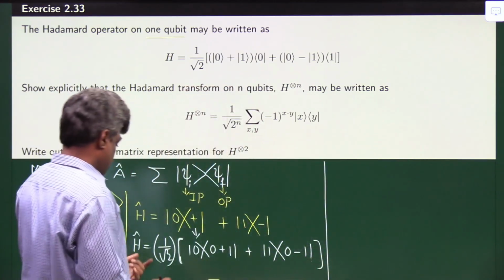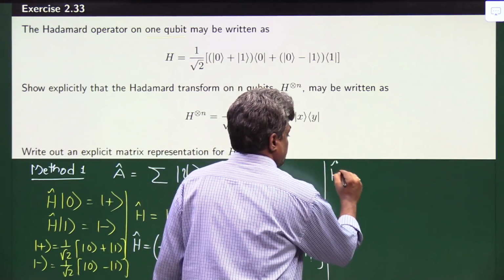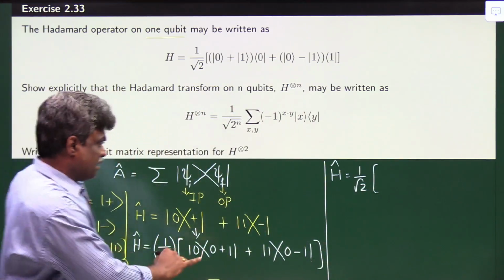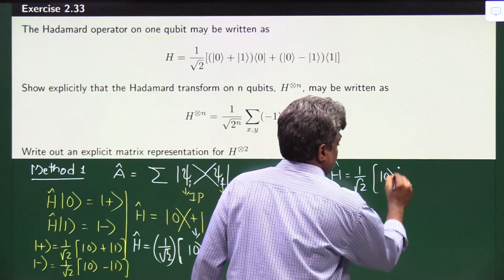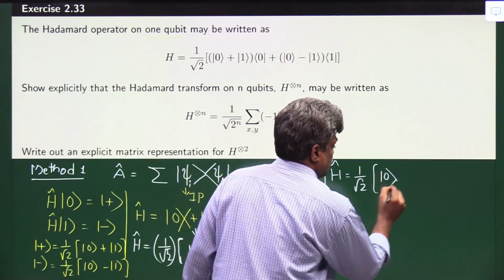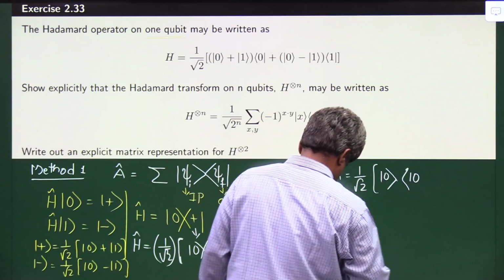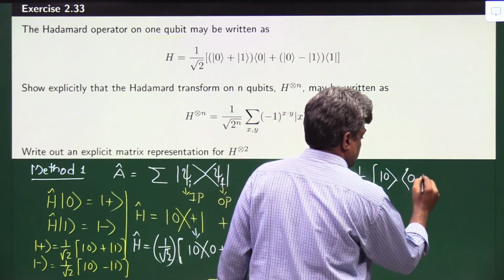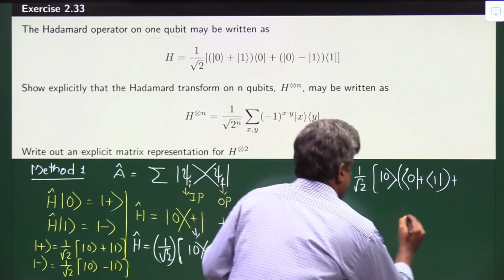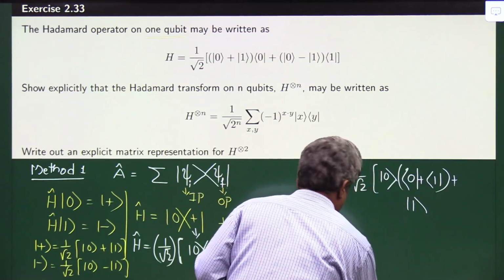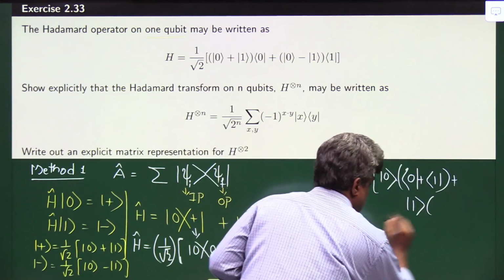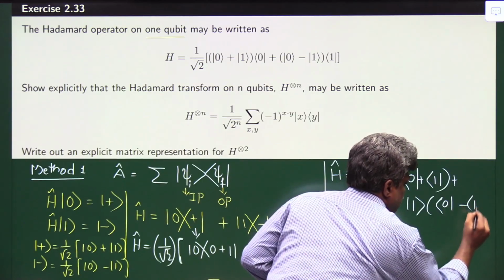After that we got the Hadamard operator H equal to 1 over root 2. I am just splitting this: this is ket 0, and it is multiplied with bra 0 plus bra 1, something like this, plus ket 1 multiplied with bra 0 minus bra 1.